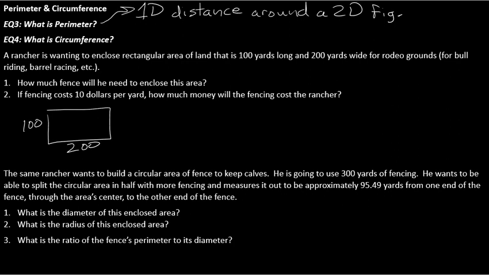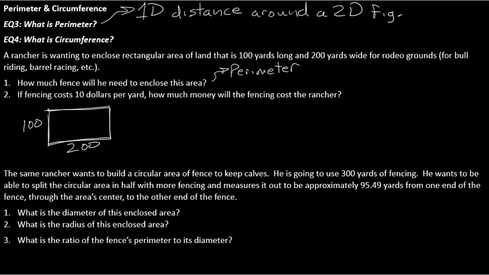How much fence will he need to enclose this area? Okay, so that's a very simple concept here. All this is asking for is the perimeter. The perimeter around this enclosed area is going to tell us how much fencing he needs to enclose the area. And that's very simple.